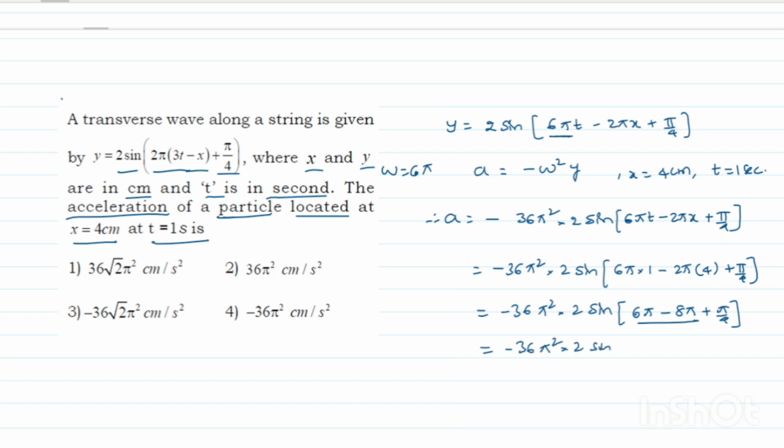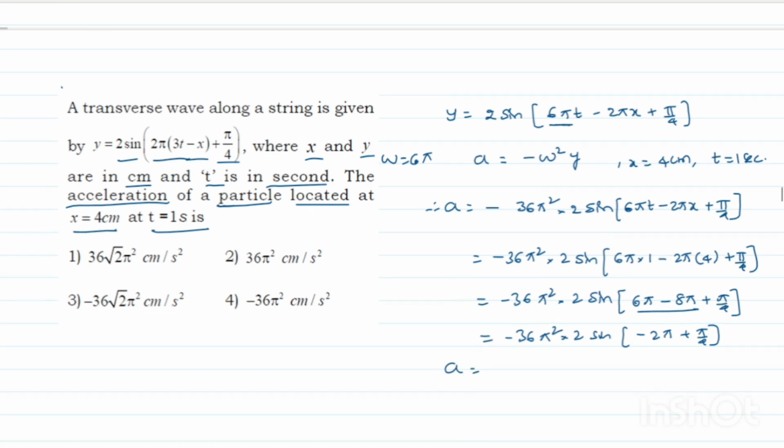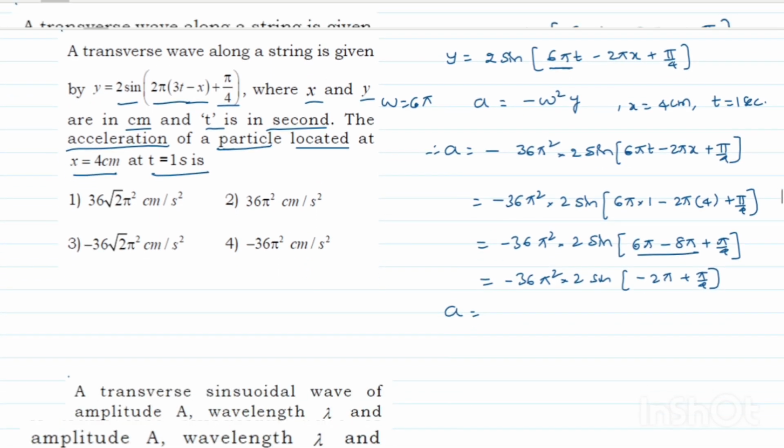So here it is minus 36 pi square into 2 into sine. 6 pi minus 8 pi will be minus 2 pi, so we write minus 2 pi plus pi by 4. If I take minus common outside, this is minus 36 pi square into 2 into minus sine of (2 pi minus pi by 4).